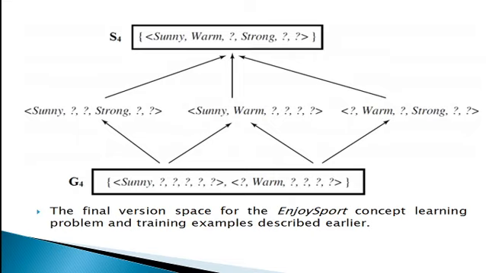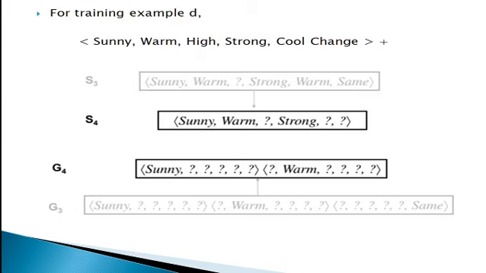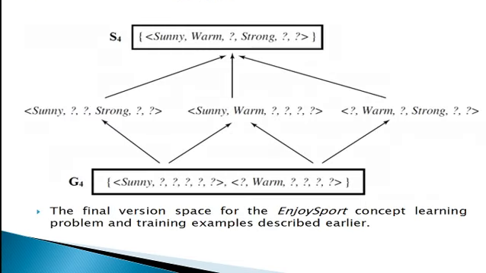After processing these 4 training examples, the boundary sets S4 and G4 will delimit the version space of all hypotheses which are consistent with the set of incrementally observed training examples. Here, the entire version space, including those hypotheses which are bounded by S4 and G4, is shown in this particular figure, right?